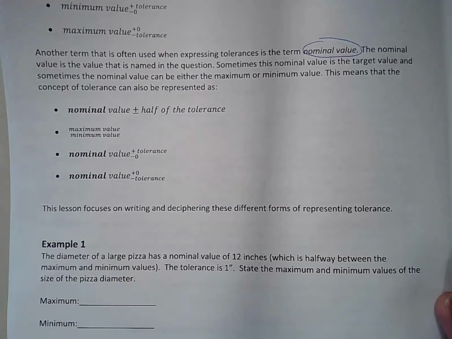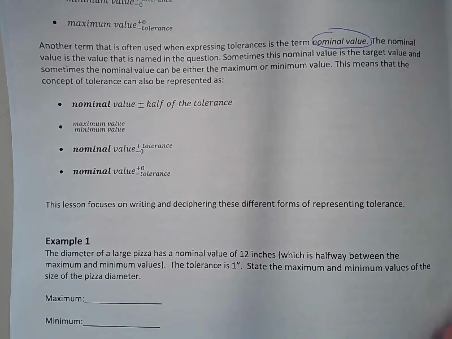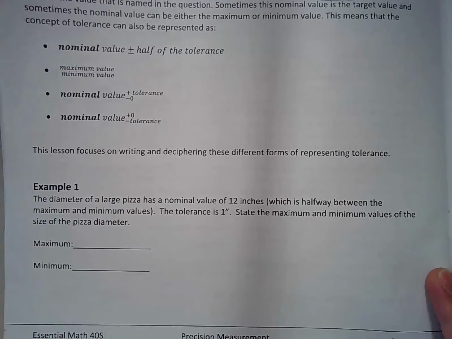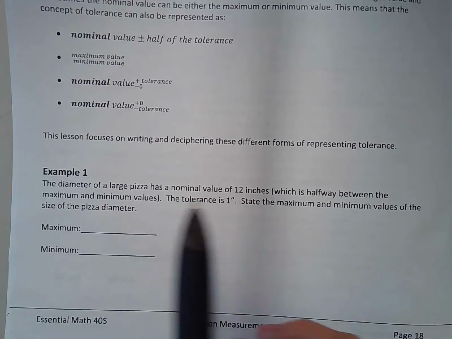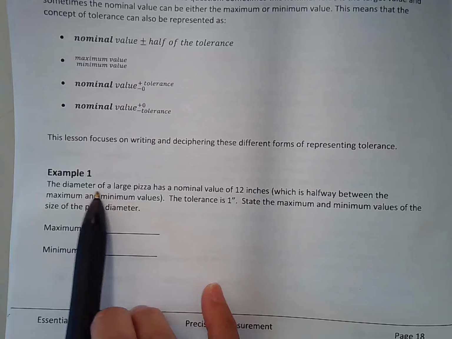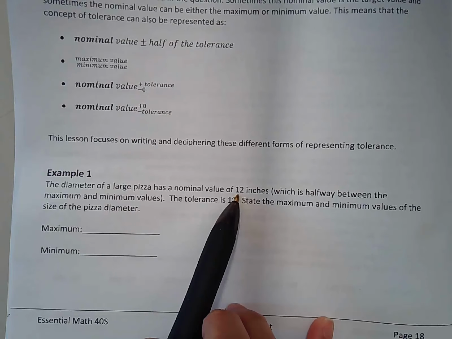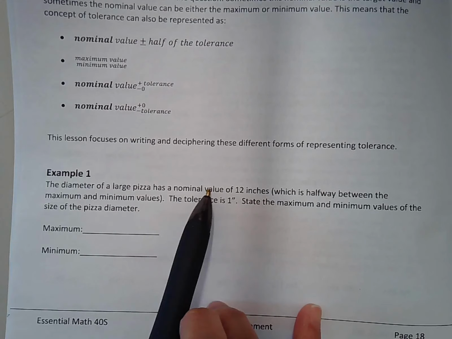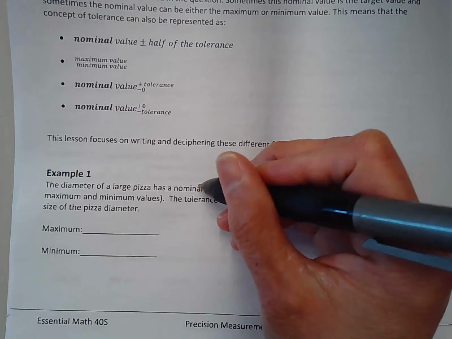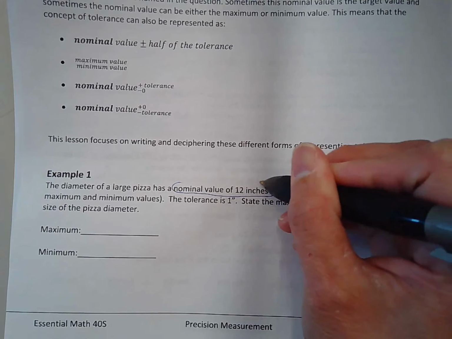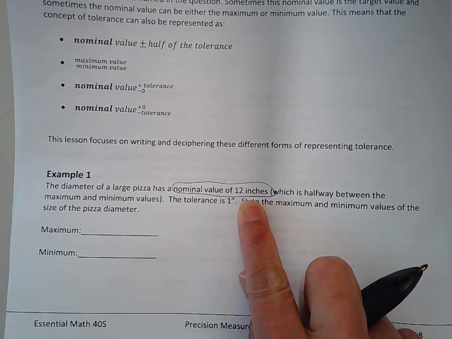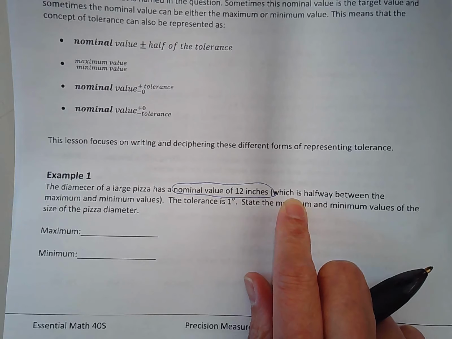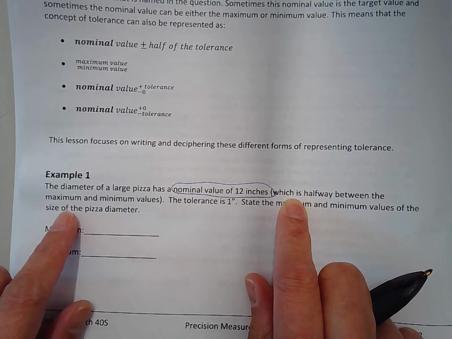So we'll take a look at some examples, and usually it's best explained with a context or an example. So it says here, example 1. The diameter of a large pizza has a nominal value of 12 inches. Okay, nominal value of 12 inches. That's what we are, I guess, hoping to get. But then they're saying that this nominal value is halfway between maximum and minimum.